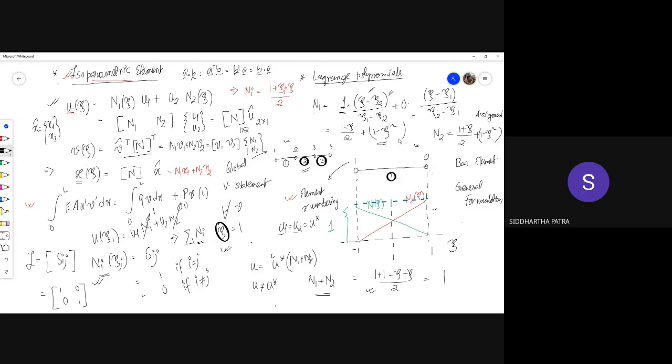So they still satisfy the condition that N1 equals 1 at node 1 and N1 equals 0 at node 2 and vice versa. But then you would not be able to ensure that their sum is trivially 1. So even with u1 equals u2, you would have some sort of variation of u along the geometry. And that is not allowed, because then you do not have the access to account for that variation.